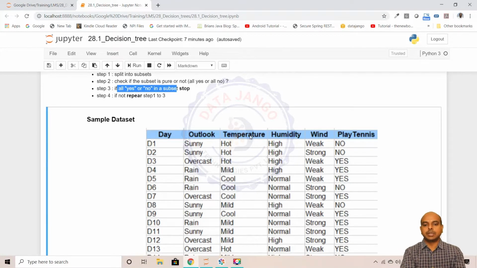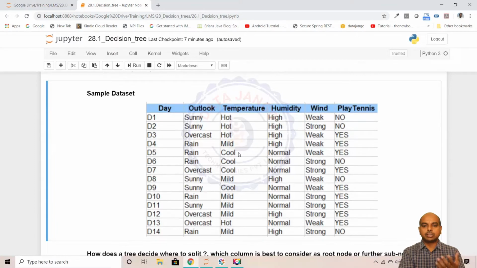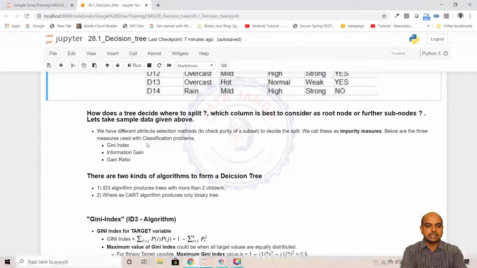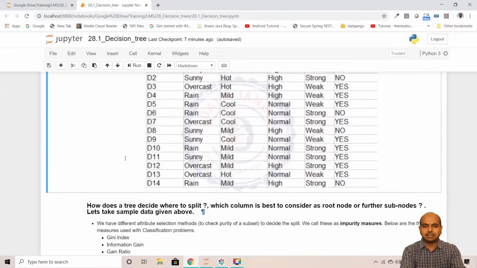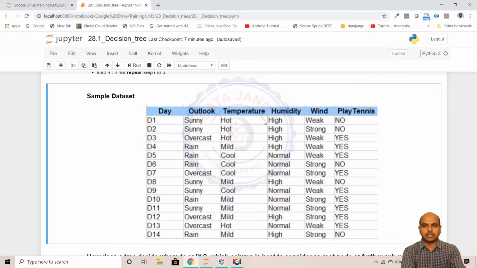If the impurity of temperature is low, then we split on temperature. If the impurity of humidity is low, we should split the data set on humidity. So the Gini index, information gain and gain ratio are the formulas which give us clarity on which column to split and proceed.